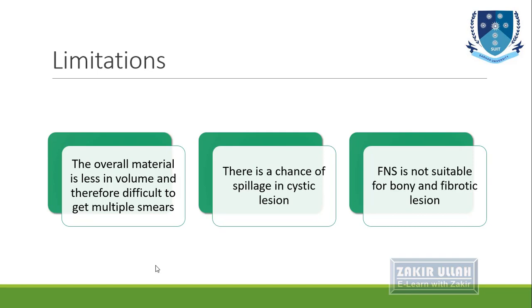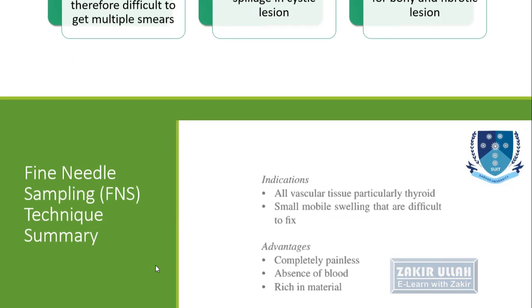Another is that there is a chance of spillage in case of a cystic lesion, because if the needle comes in contact with the cyst, the material inside can spill on clothes or on the floor. Another limitation is that FNS is not suitable for hard lesions like bony or fibrotic lesions, because for those negative pressure is required. So these are the limitations of fine needle sampling.